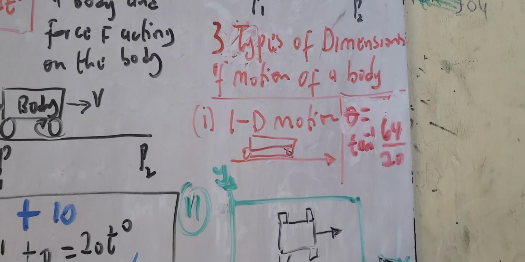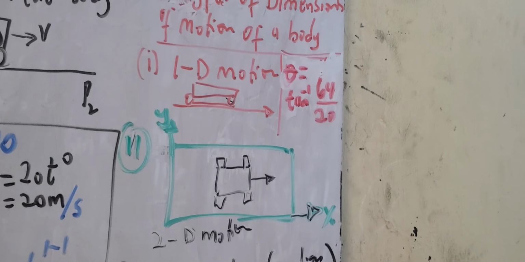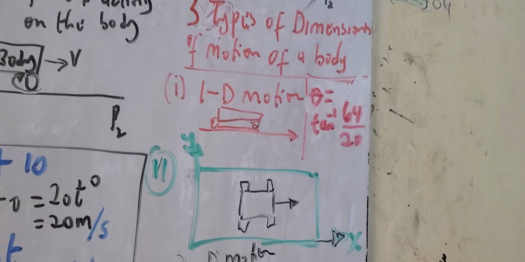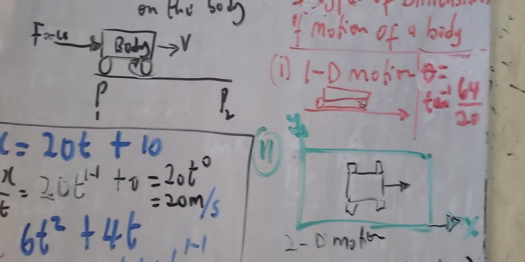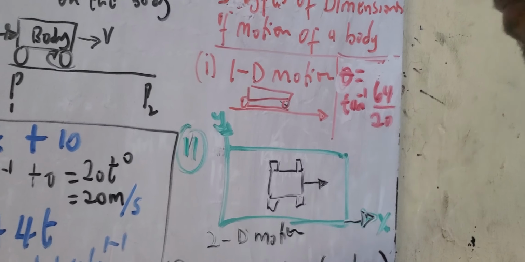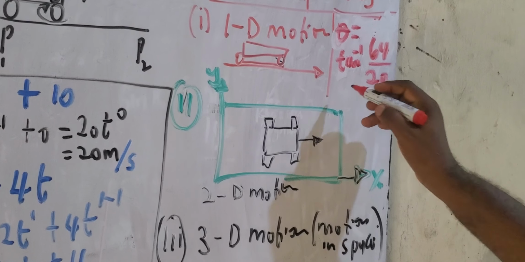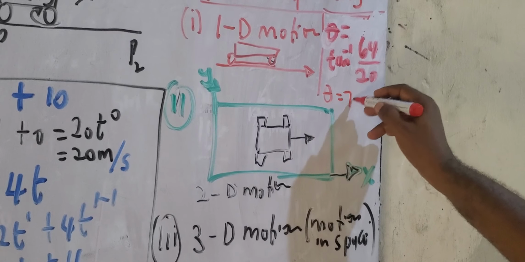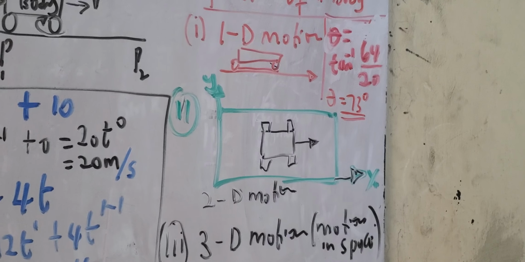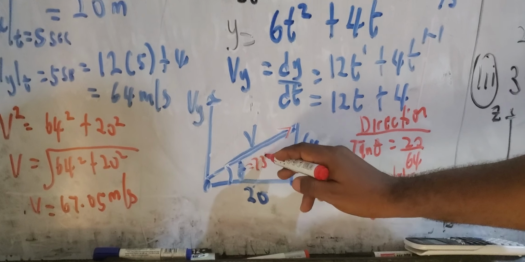And if you press the calculator, tan arc of 64 divided by 20, I'm having roughly 73 degree. Roughly theta is equal to 73 degree. So the direction of that resultant velocity here is 73 degree.